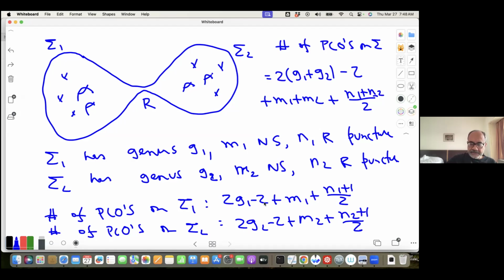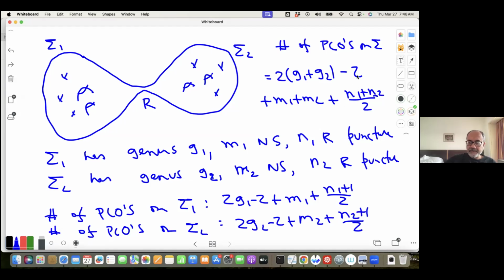But now you see that there is a problem, because the total number of PCOs on sigma 1 and sigma 2 doesn't match the number of PCOs that you need here. Is this clear? Because you see here the total number is minus 4 plus half, so minus 3.